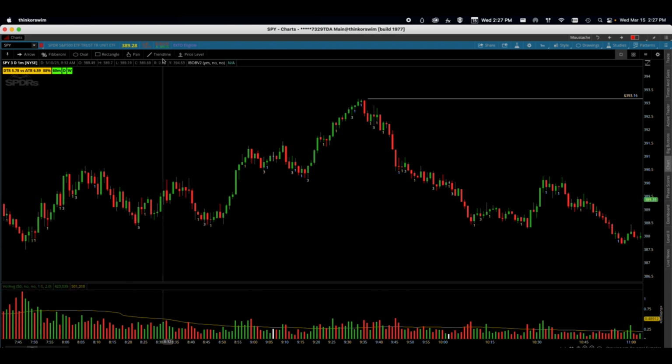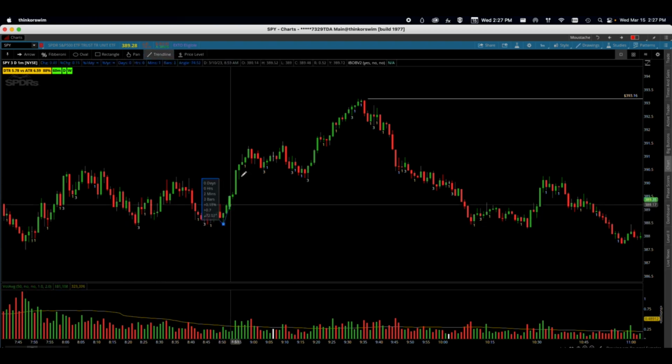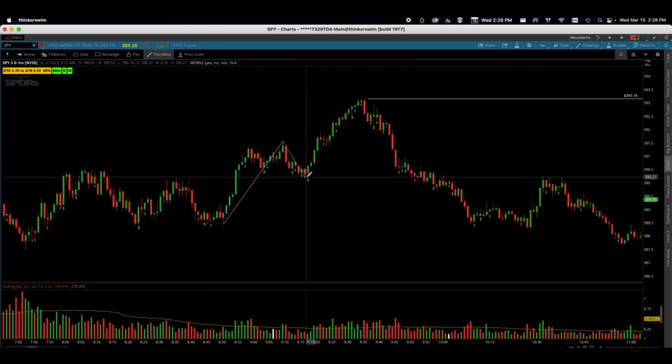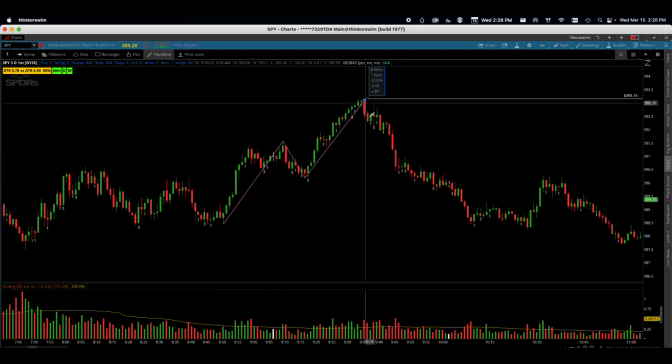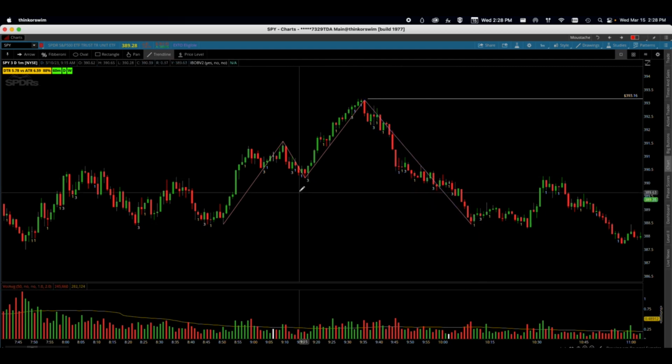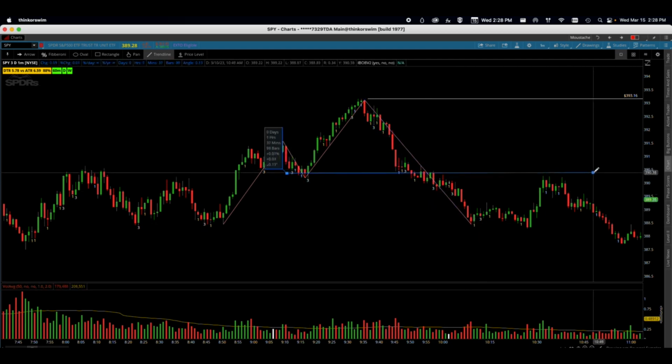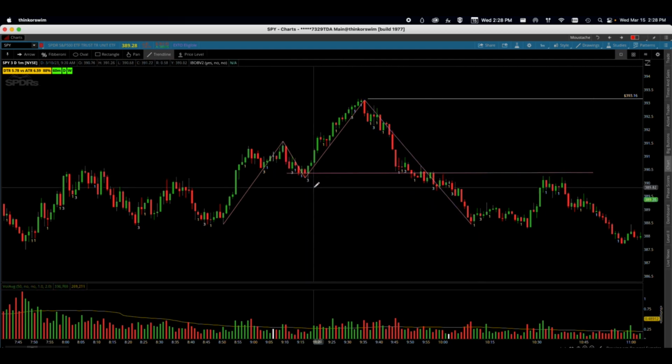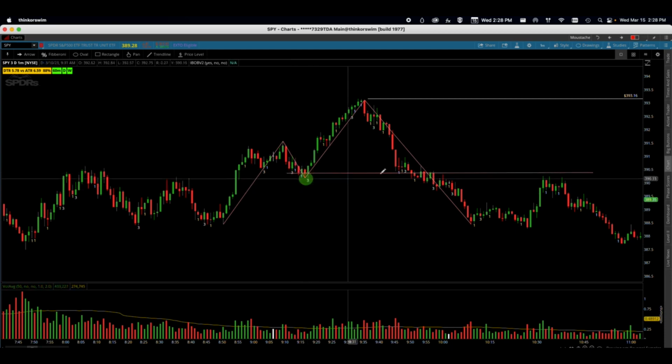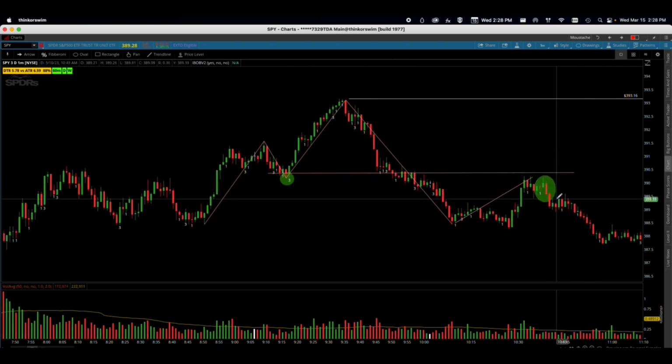We're going up. Big push down. We had this recent low right here. It pushed below it, came back up and retested. Puts.